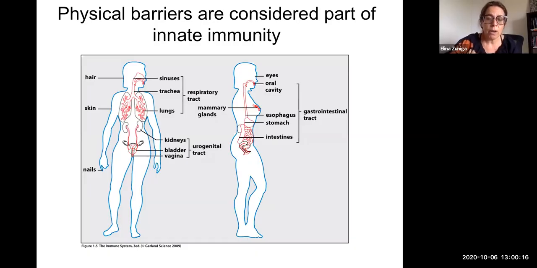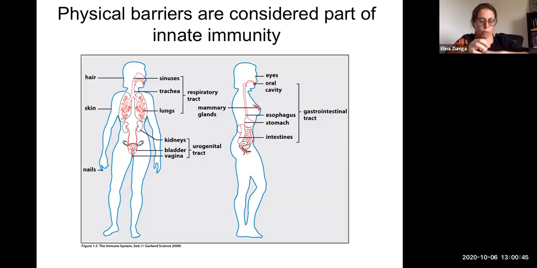For example, the epithelium that is present in the respiratory tract, in the urogenital tract, and in the gastrointestinal tract is this lining of epithelial cells that are joined together by tight junctions and provides a physical barrier that impairs the pathogens from getting into our body.